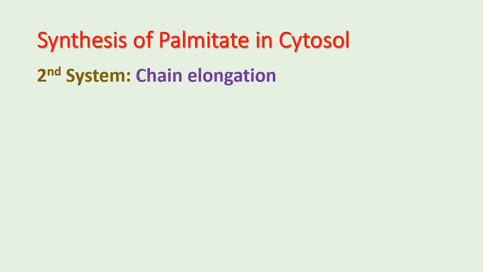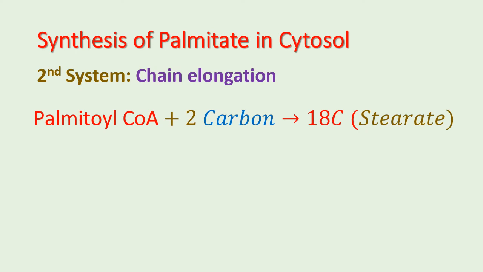Now come to the second system, that is simply chain elongation. This is almost similar to the first system, where there is production of palmitate from acetyl-CoA by the addition of 2 carbons from the malonyl-CoA.